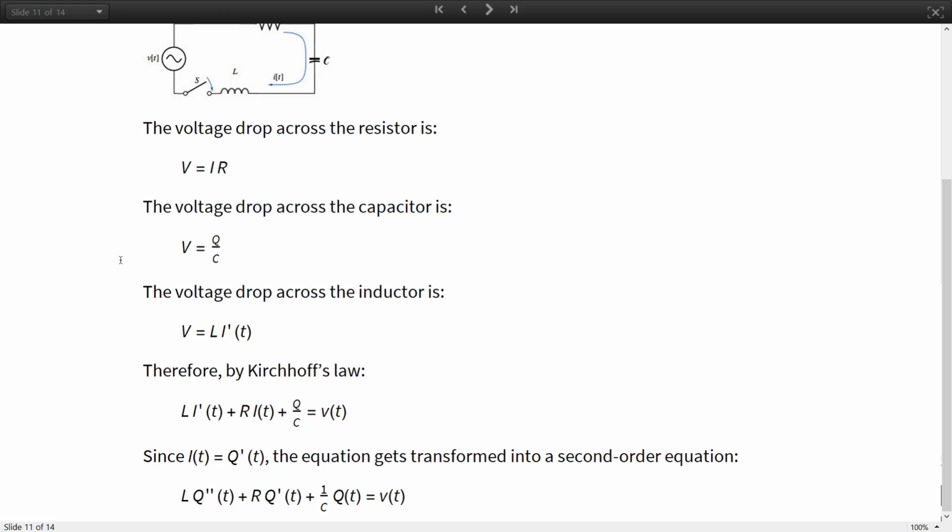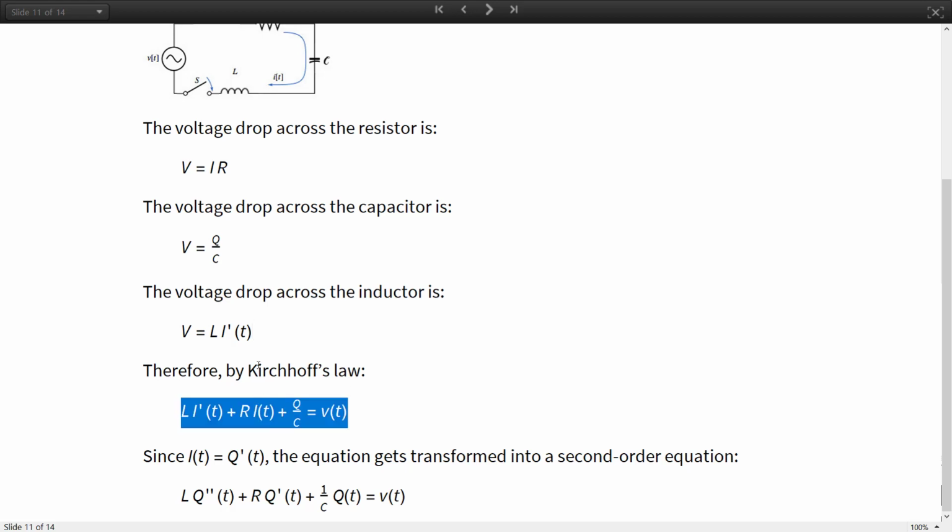In order to set up the differential equation for the circuit, we need to first define the voltage drop across each of the elements. For the resistor, the voltage drop is equal to the current I times the resistance of the resistor R. The voltage drop across the capacitor is equal to the charge on the capacitor Q divided by the capacitance C, while the voltage drop across the inductor is equal to the rate of change of the current in the inductor, I prime, times the inductance L. Thus, by Kirchhoff's laws, the voltage drop across all of the elements is equal to the voltage increase over the voltage source, which gives us this equation.